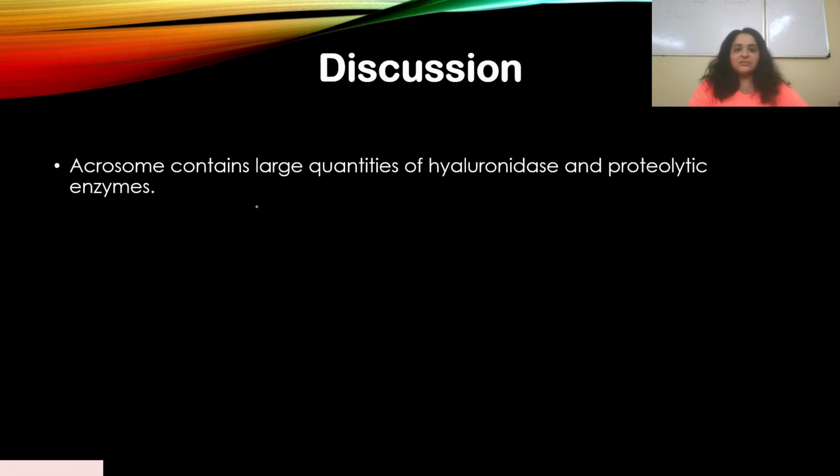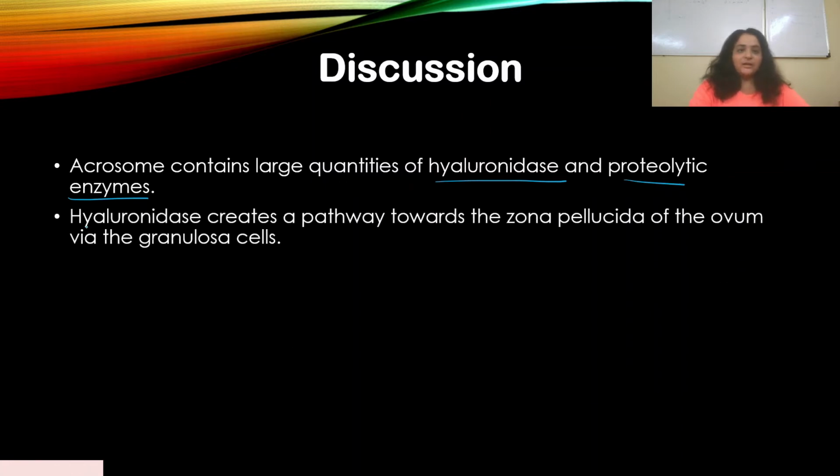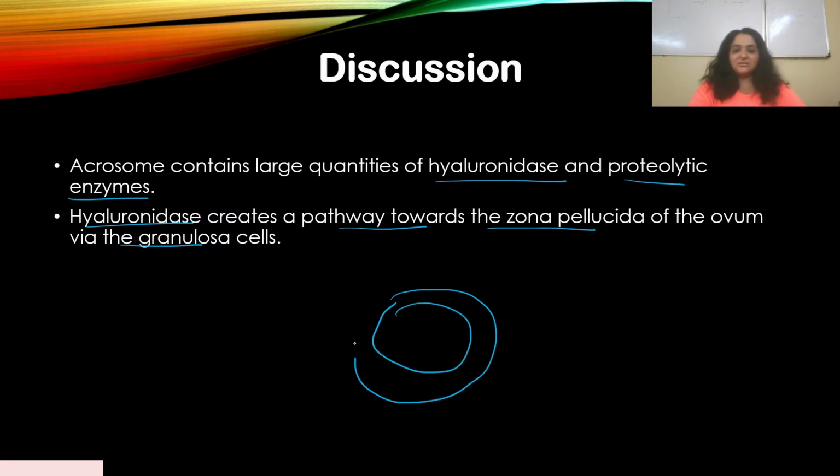So the acrosome contains large quantities of hyaluronidase and proteolytic enzymes. Hyaluronidase creates a pathway towards the zona pellucida of the ovum via the granulosa cells. If you look at the structure, there's a zona pellucida, which is a glycoprotein. There are some granulosa cells, the corona radiata.